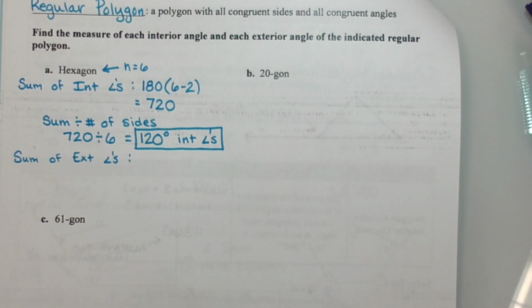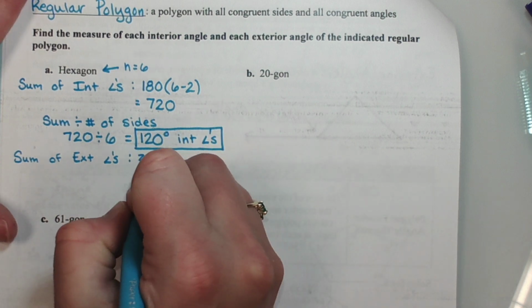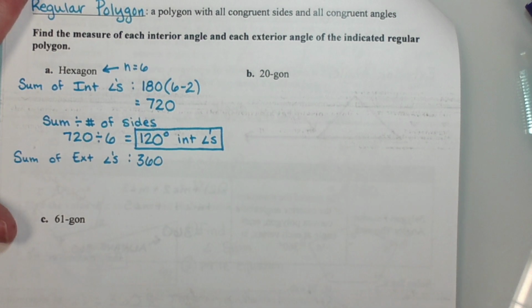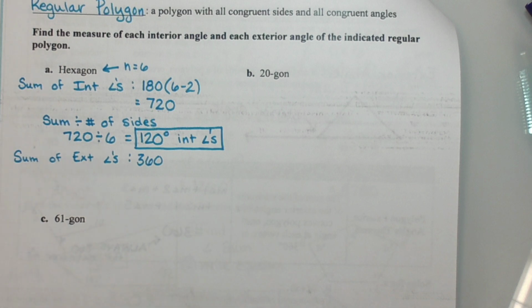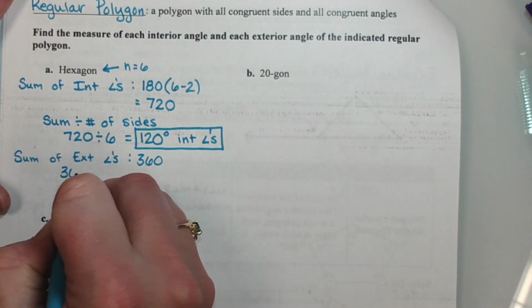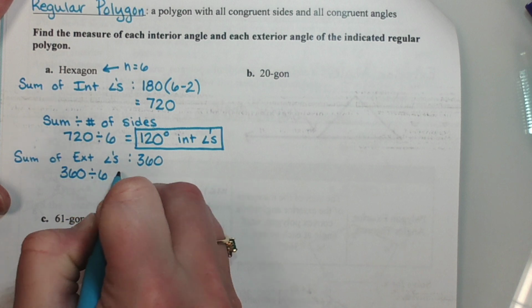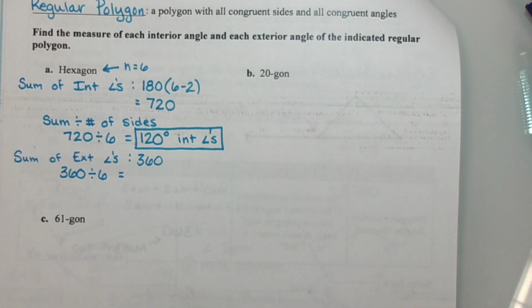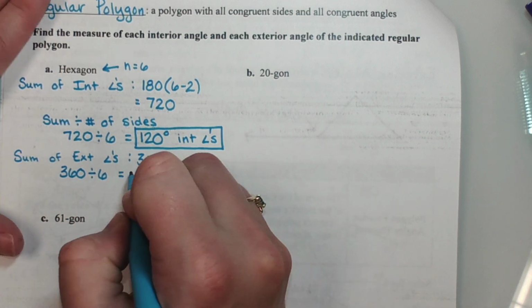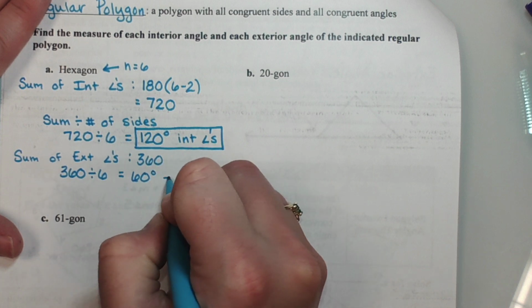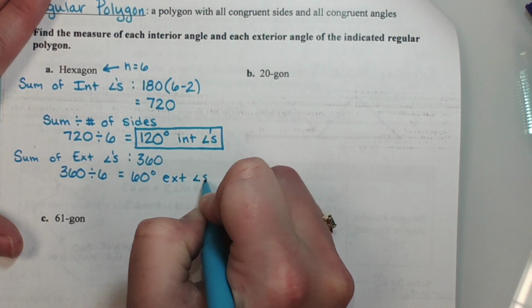You don't have to do any math for it. It's 360. And if I want to find an individual angle, I take the sum and I divide it by the number of sides. In this case, 360 divided by 6. 60. And that's the exterior angles.